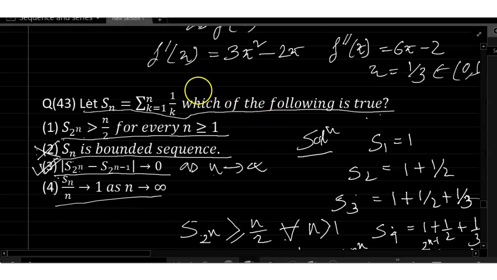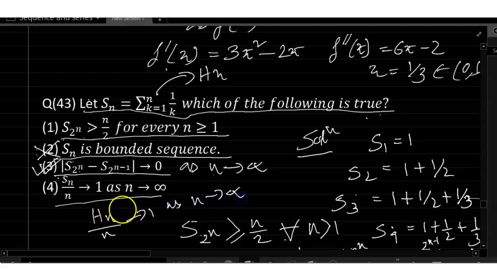Actually, this kind of function is the harmonic function Hn. So Hn by n tends to 1 as n tends to infinity is not possible because it tends to 0. So this portion is wrong.